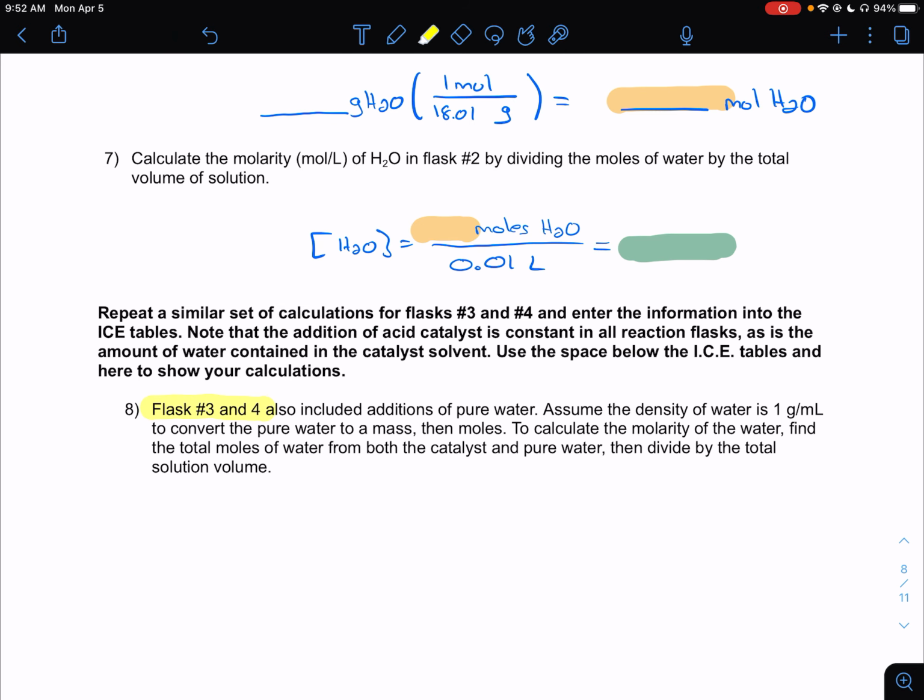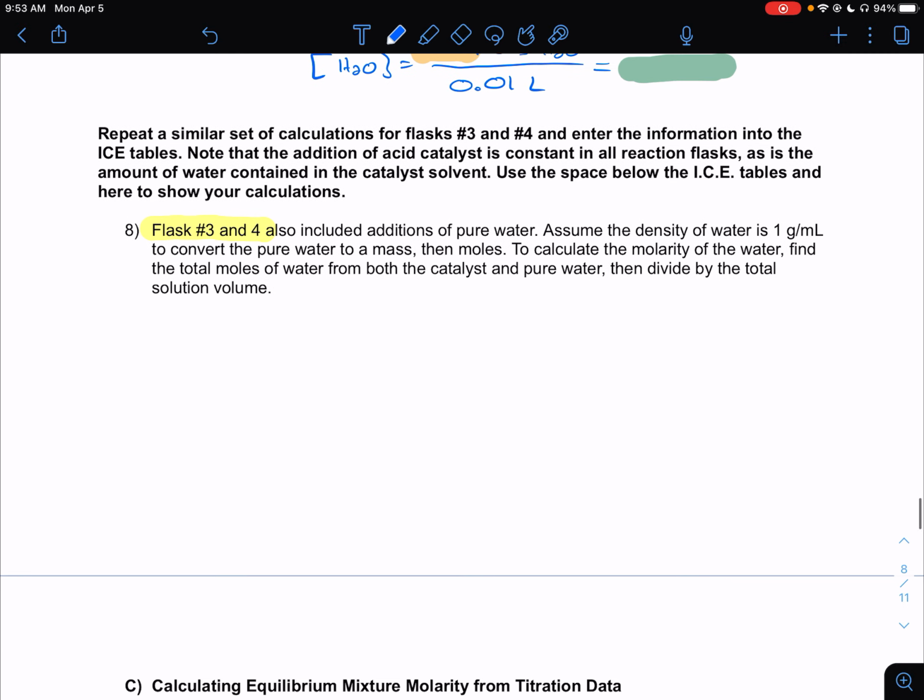For solutions 3 and 4, we have to do a little bit more. And the key is for solutions 3 and 4, so for example, for Flask 3, the concentration of water is going to be equal to, again, the same volume.